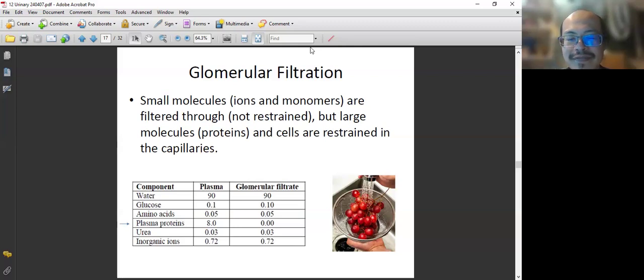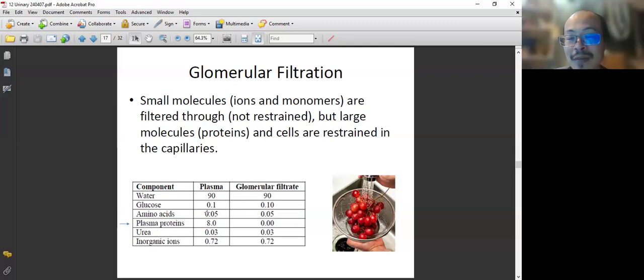So water can get filtered through. And also glucose. Glucose is small, glucose is a monomer, a monosaccharide. So it will also get filtered through. You see one here, so the same amount.